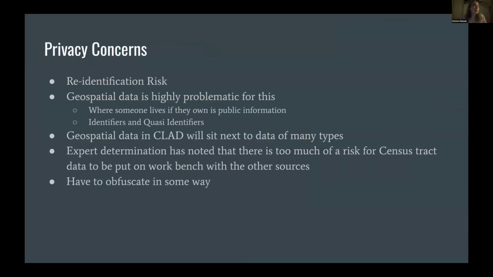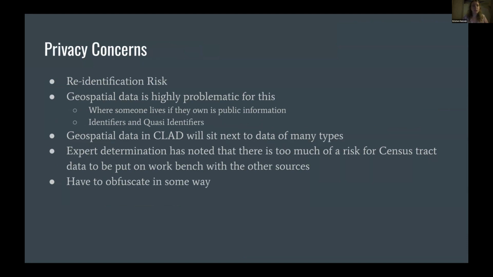Geospatial data in general is the most highly problematic for re-identification risk, because where someone lives is often public information, especially if they own their house, right? So identifiers and quasi-identifiers are used to give an idea of what the re-identification risk is, what the uniqueness is of a person in a place at a particular time.